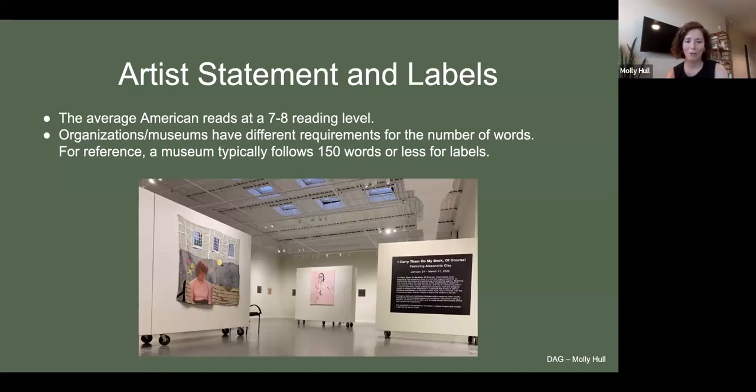So not only should you keep in mind how high you should hang your labels, but also how many words you should be including in your labels, so that the average reading level is thought about, and you're able to include those labels in large print font.